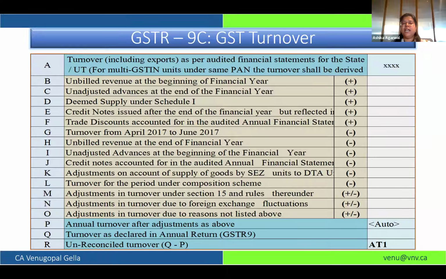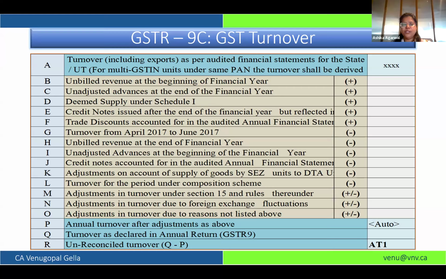We don't record the sale value. But when we have to discharge GST, we have to discharge GST on the sale value of the fixed asset. In 5O, the profit on sale of fixed asset will be reduced, but the sale value of the fixed asset, on which I am going to pay GST, will be added. So 5O is a residual where you don't fall in the other categories.